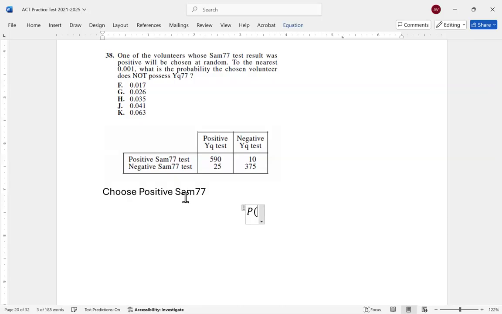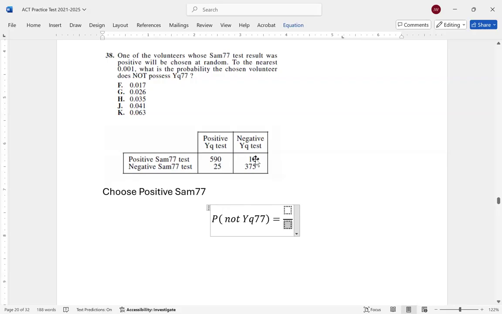So what's the probability that we don't have YQ77 given that we're choosing out of the positive SAM group? So we're choosing out of the positive SAM77 test.